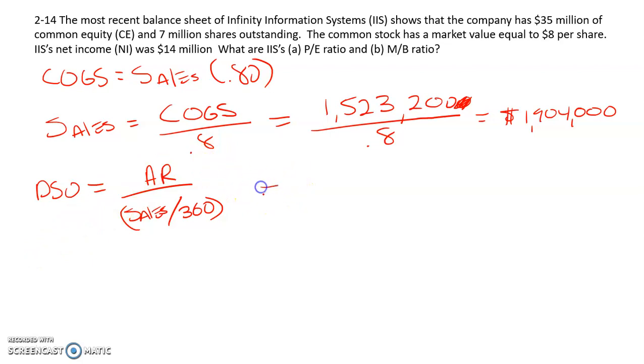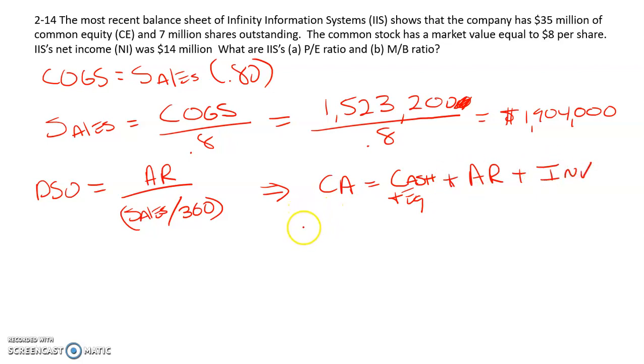So accounts receivable is a current asset. So the current assets are cash and equivalents plus accounts receivable plus inventory.